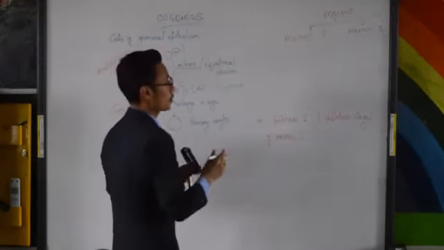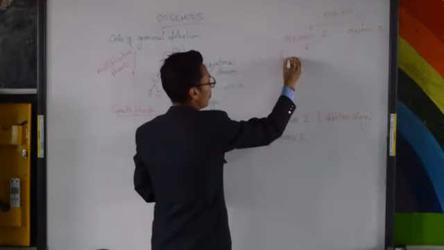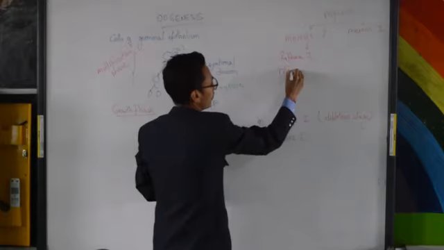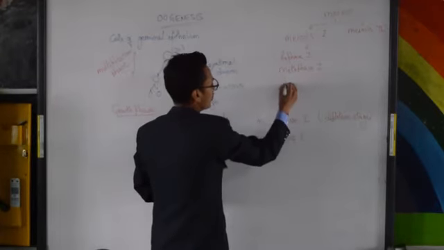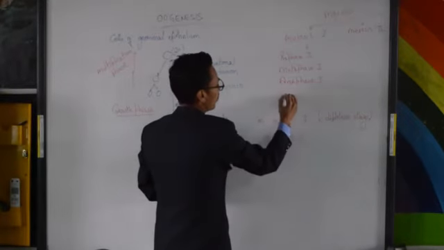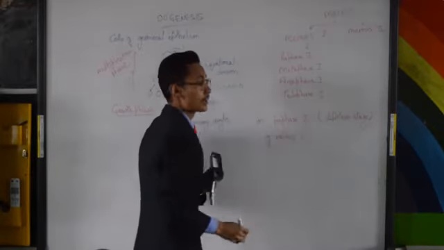Clear? Again, meiosis 1 has got sub phases which are called prophase 1, metaphase 1, anaphase 1, and telophase 1.